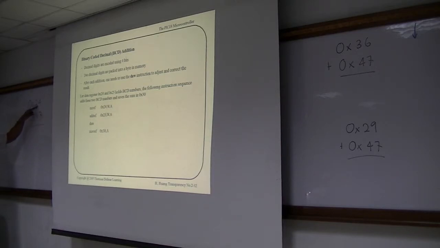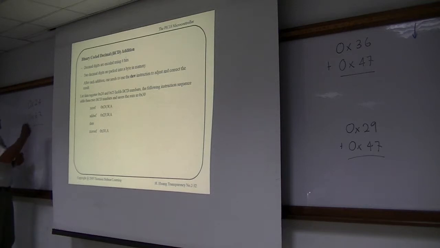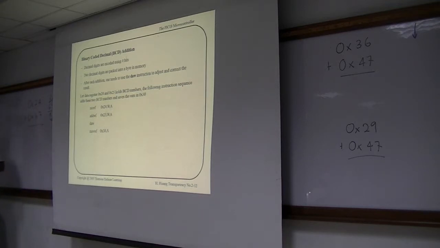When you add 24 plus 67 in decimal, what are you supposed to get? In decimal, 24 plus 67 is supposed to get decimal 91. The problem is that we perform the addition using hex numbers.